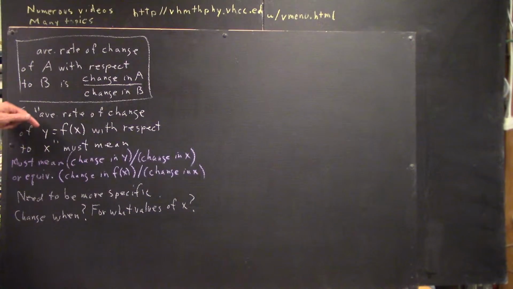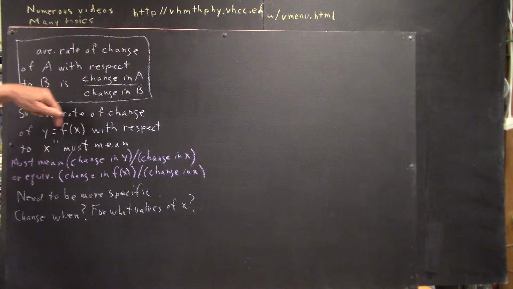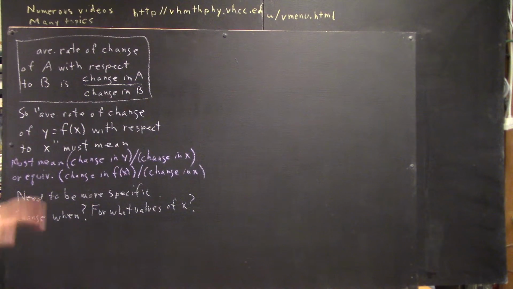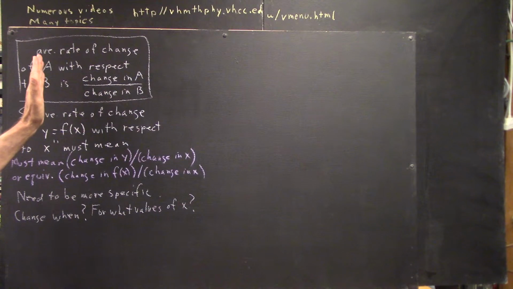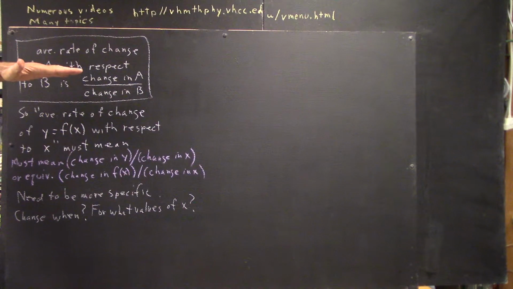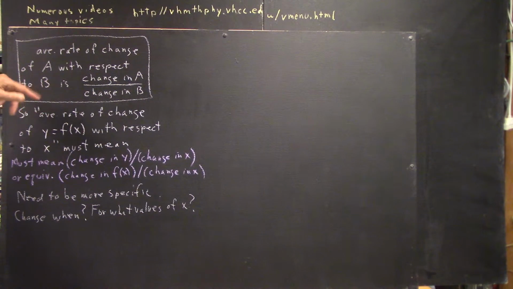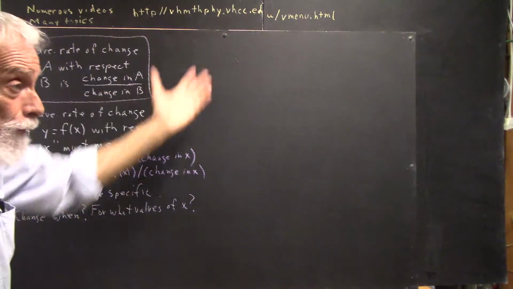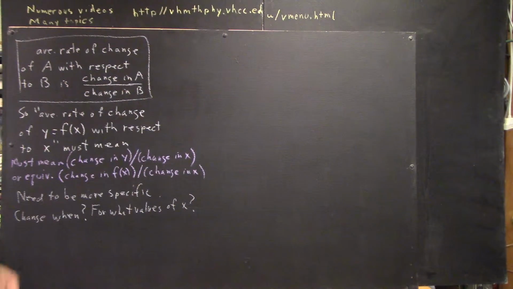Now we could say for what values of y, but x is the independent variable. You have a unique y for every x, but you don't have a unique x for every y. In other words, the graph of a function has to obey the vertical line test. It doesn't have to obey a horizontal line test. So if I say, well, from this value of y to that, well, either of these values of y could have multiple values of x associated with them. It wouldn't be any good.